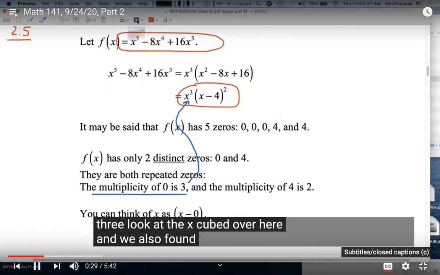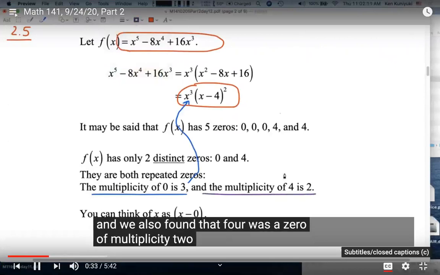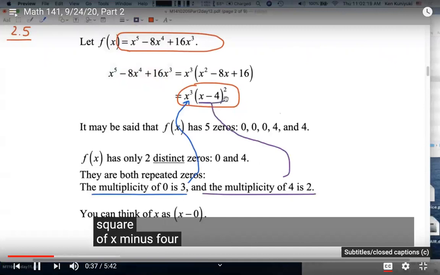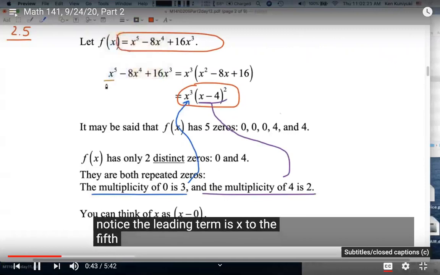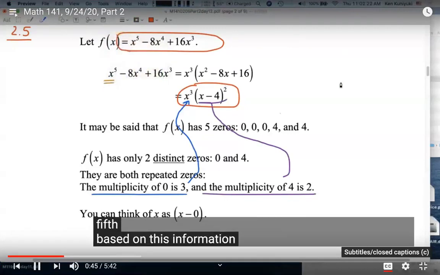And we also found that 4 was a 0 of multiplicity 2. Look at the square of x minus 4 over here. Notice the leading term is x to the 5th. Based on this information, sketch the graph of y equals f of x. I'll give you 20 seconds.